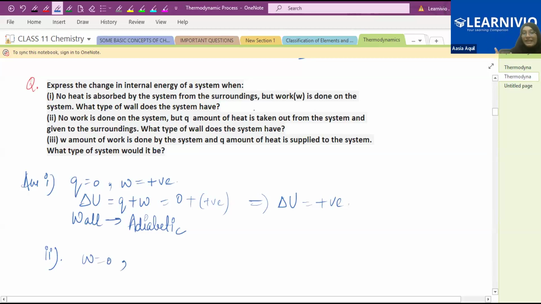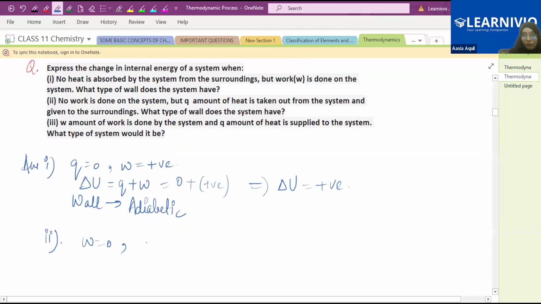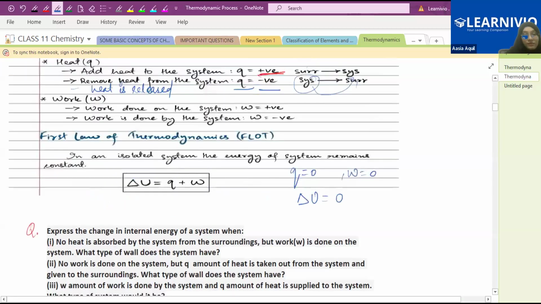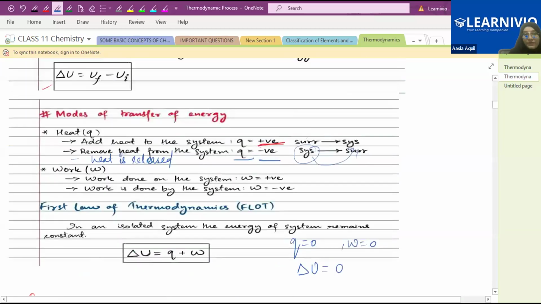What is the value of Q, positive or negative? From the system, meaning we are removing heat. Positive? Are you sure? I just told you it's very important. When you remove heat from the system, the value of Q is negative.